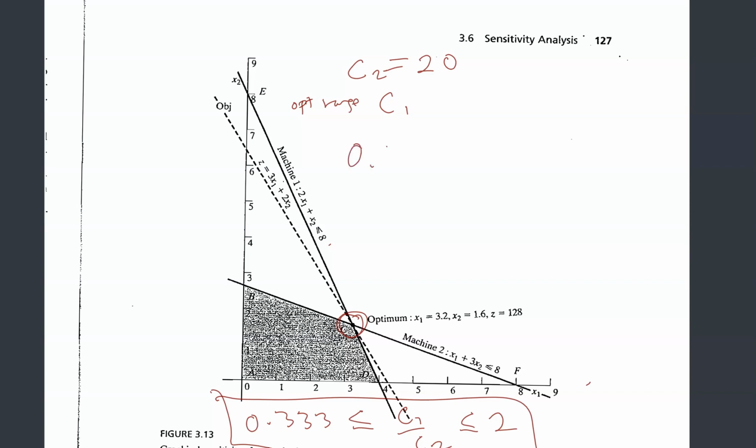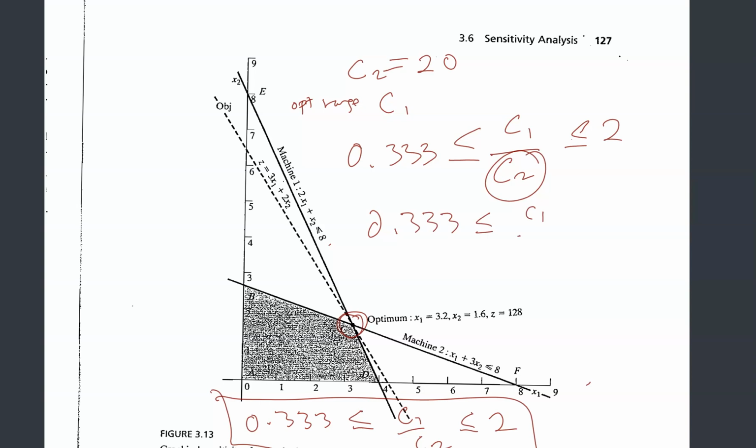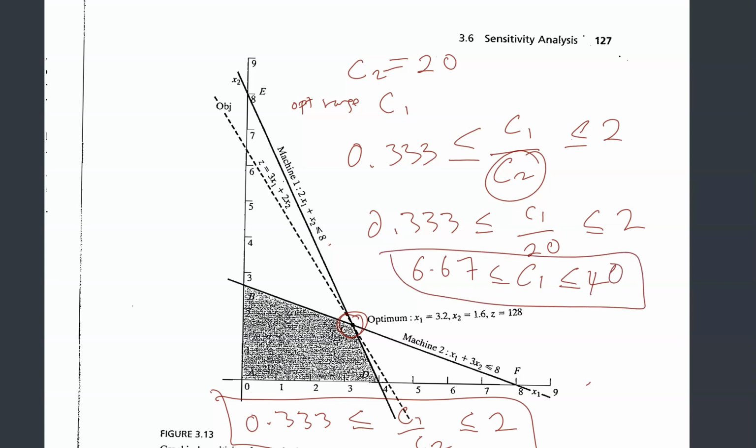So we have this optimality range, just substitute c2 as 20. So this is the optimality range for c1.